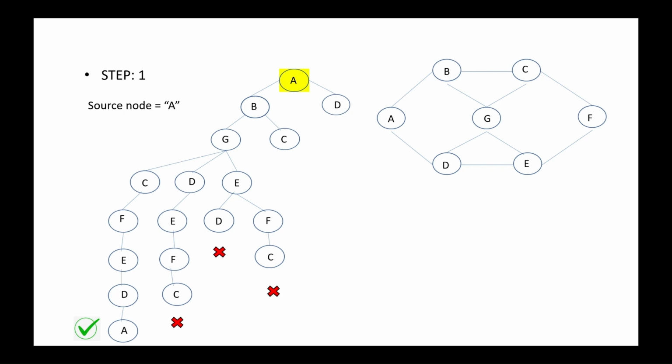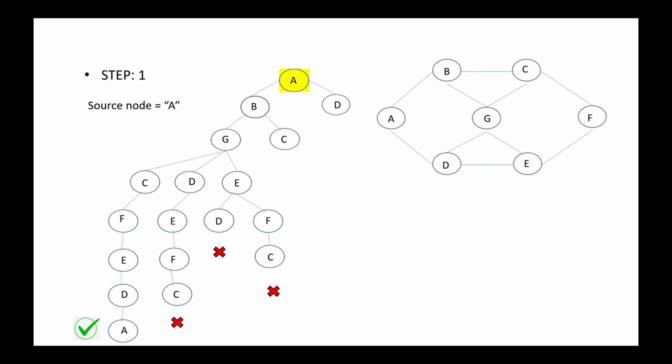For E, there are three adjacent vertices. One is G, F, and D. G is already visited and F is also already visited. D is not visited, so we write it.